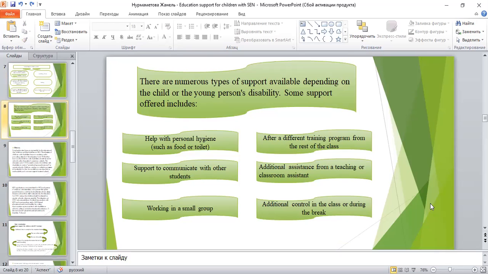Yes, certainly help with personal hygiene, such as food or toilet, support to communicate with other students, and working in a small group after a different training program from the rest of the class, or additional assistance from a teaching or classroom assistant. Additional control in the class or during the break. Yes, these are the types of support available depending on the child or young person's disability.